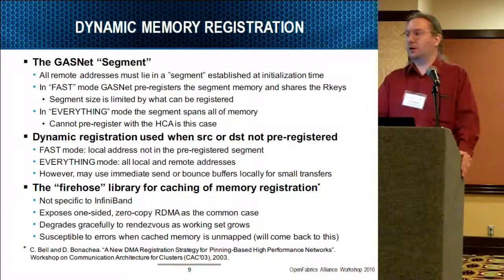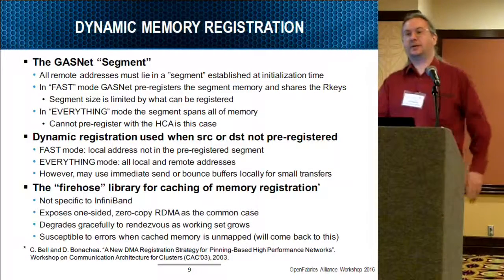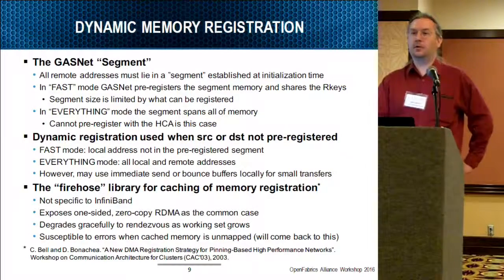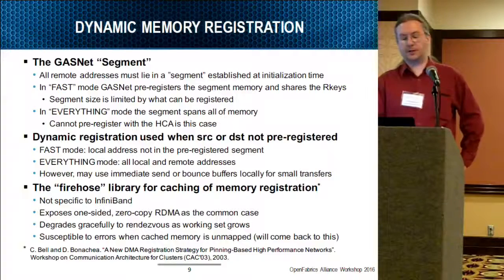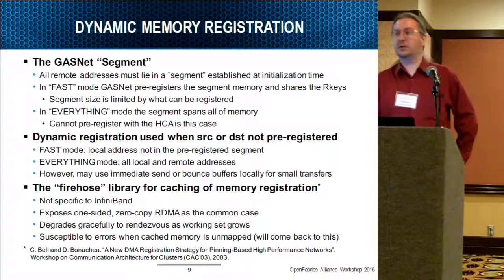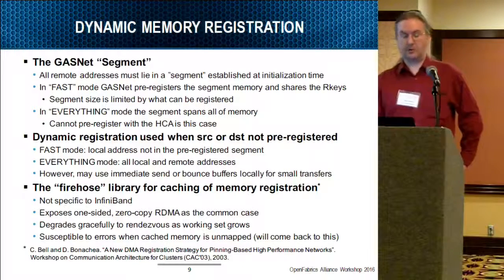So I mentioned I would talk about the desired or common case. GASNet has a requirement that the remote address you present in one of these RMA operations has to be in what's referred to as the segment, which is a range of memory established at initialization time. But there are a couple different modes you can build GASNet in depending on what your runtime expects to use.